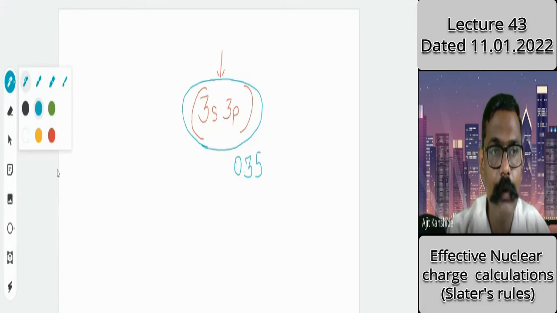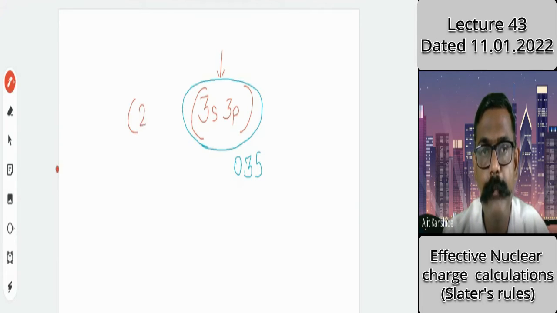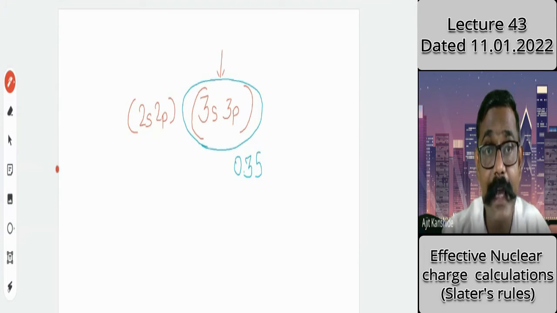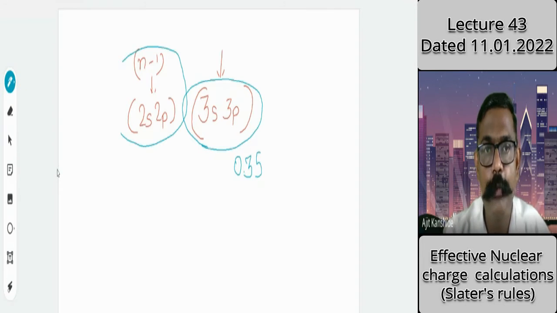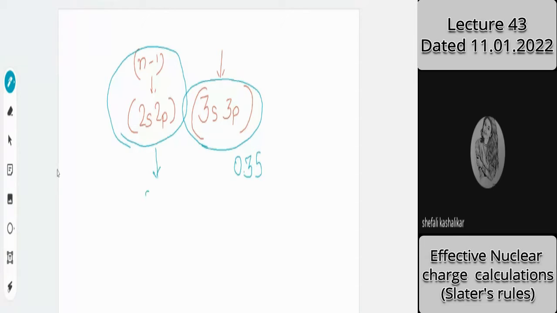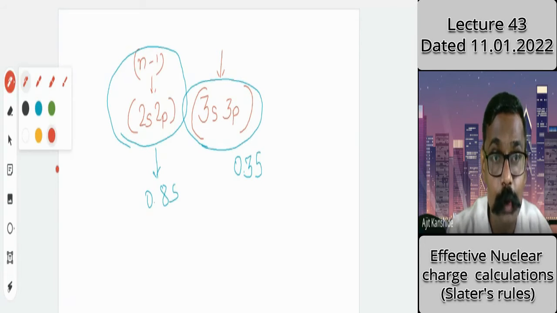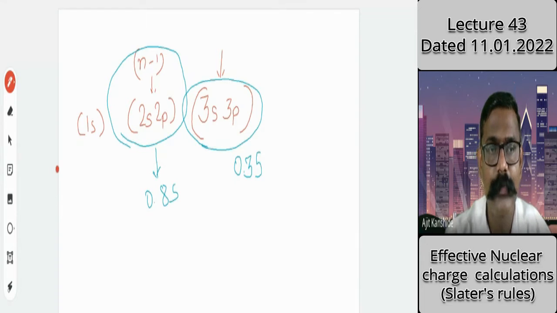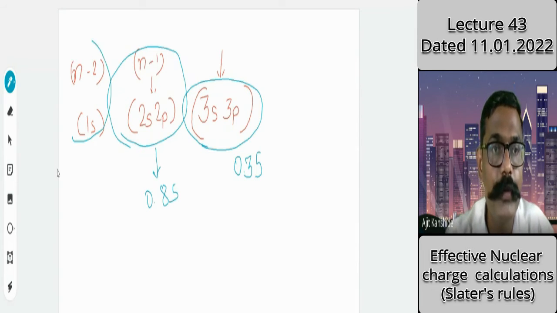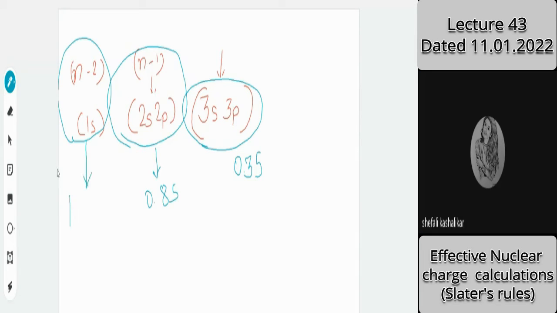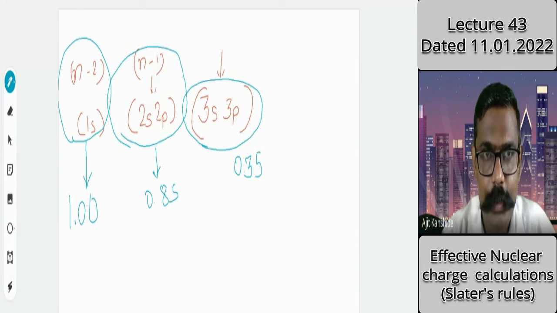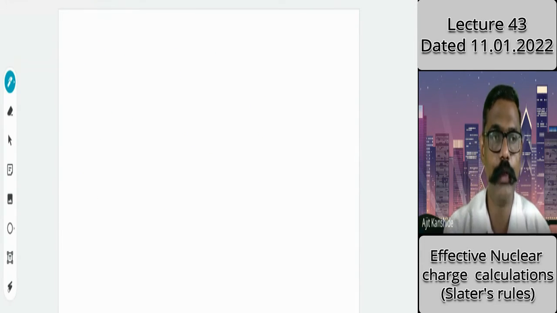And whichever electrons are inside, in the 2s and 2p groups, it is the n-1 group. How much contribution? 0.85. But if I consider one more group inside, 1s, it is my n-2 group. How much will be the contribution? 1.00. Right, 1.00.